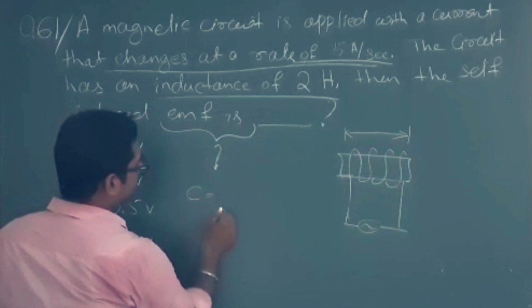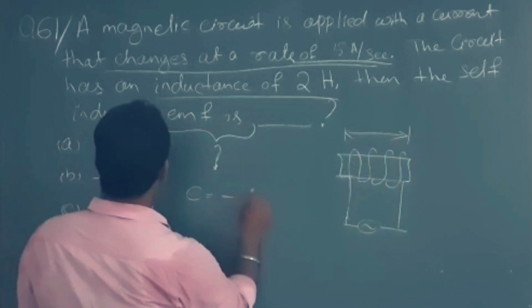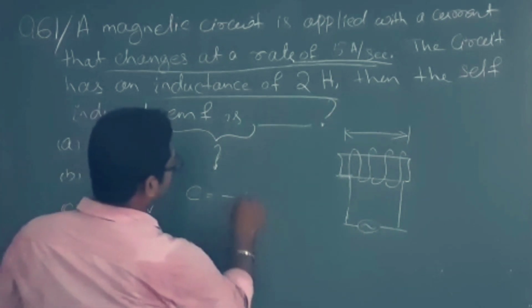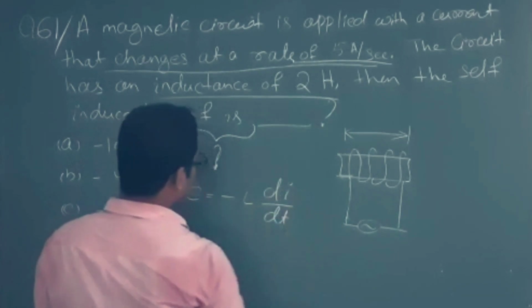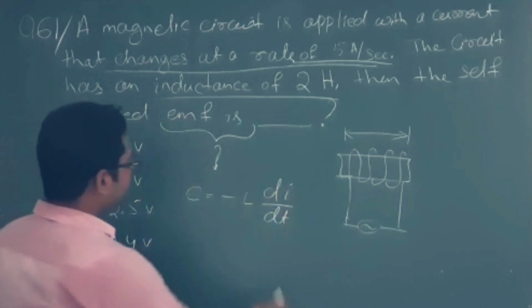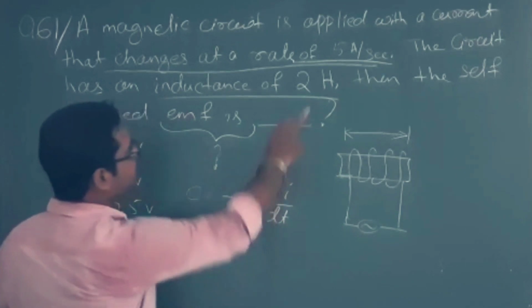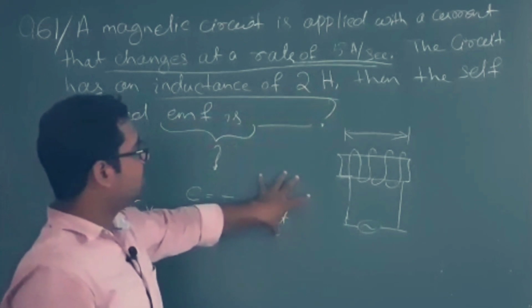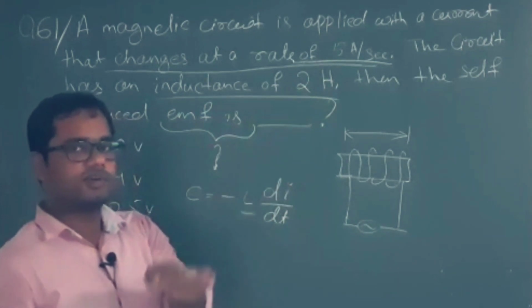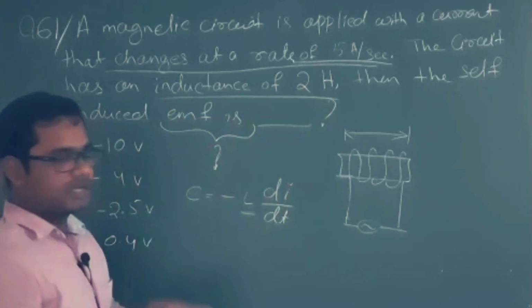E is equal to minus L di by dt. L is your inductance, and the value is given here: 2 Henry. di by dt is the rate of change of current.